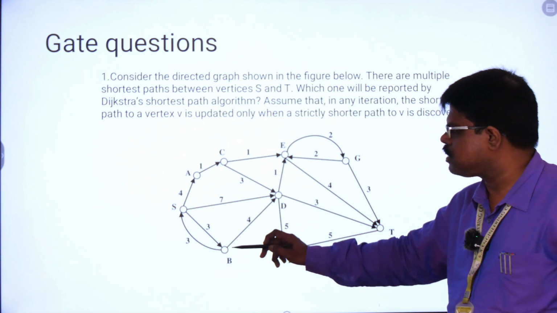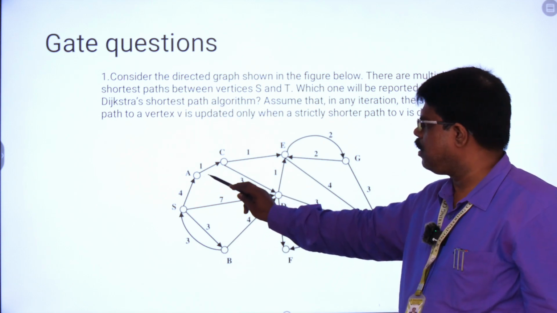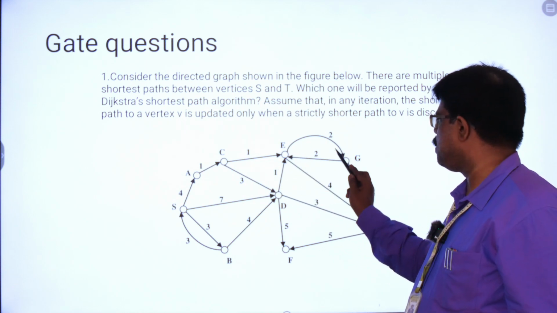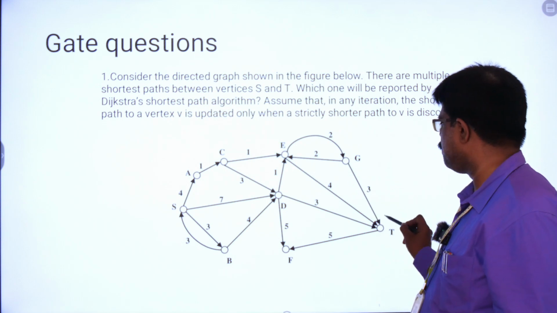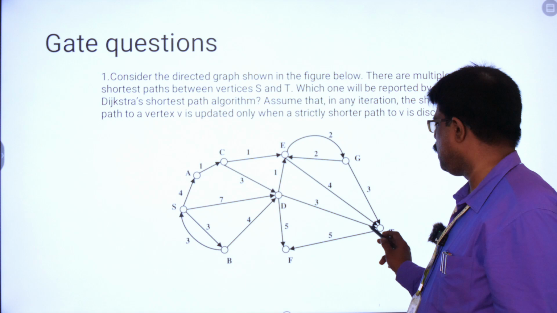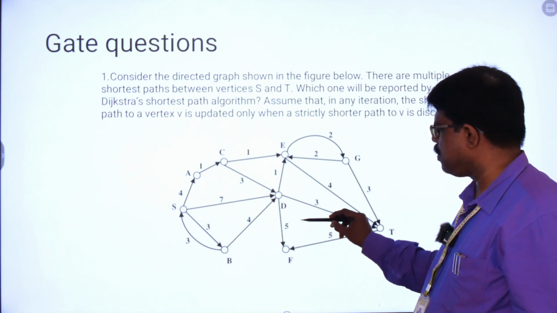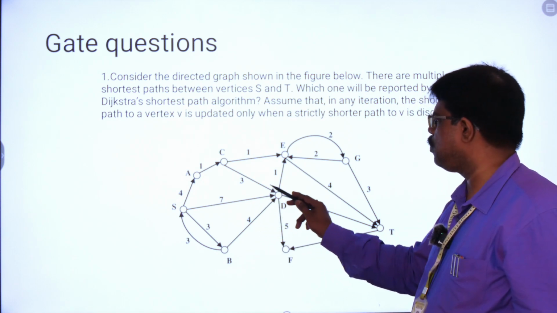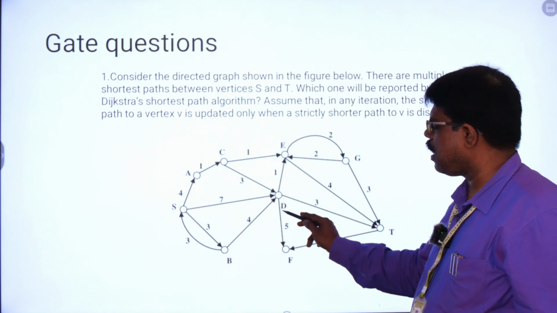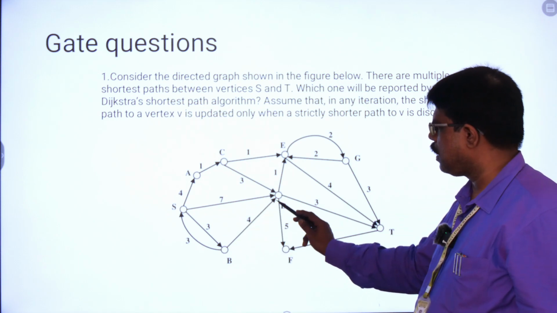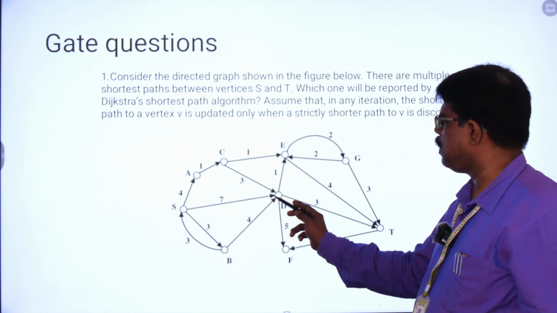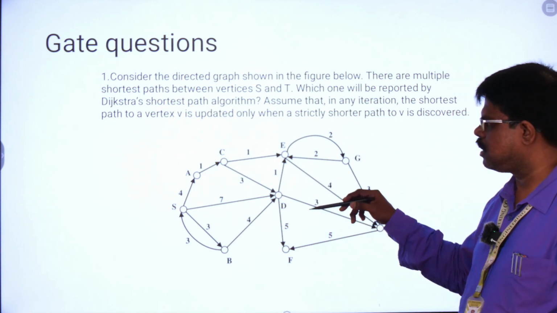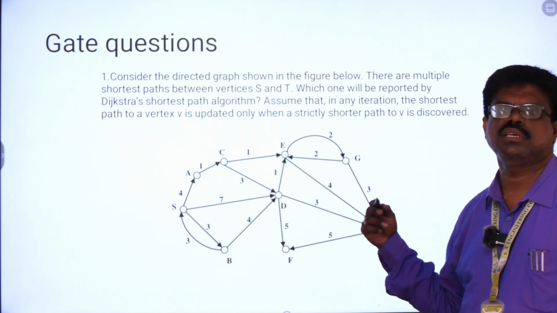So now the values are given: S to A is 4, A to C is 1, C to E is 1, E to G is 2, G to T is 3, and T to E is 4, T to D is 3, and F to D is 5, and B to D is 4, and D to S is 3, and B to S is 3, and S to D is 7, and D has various combinations with other nodes like D to B is 4, D to S is 7, D to C is 3, and D to E is 1. So this is a complex graph which is given to find the shortest distance.